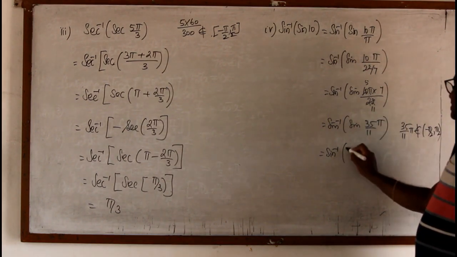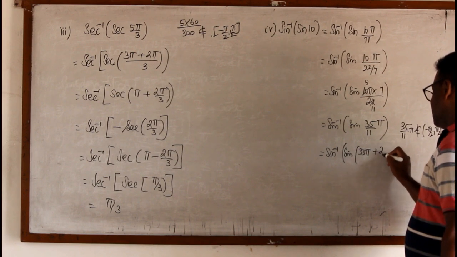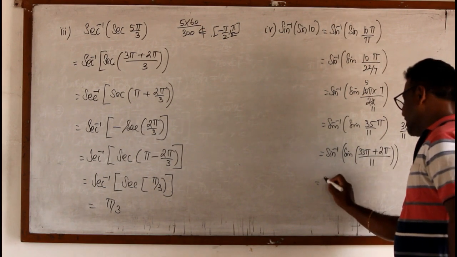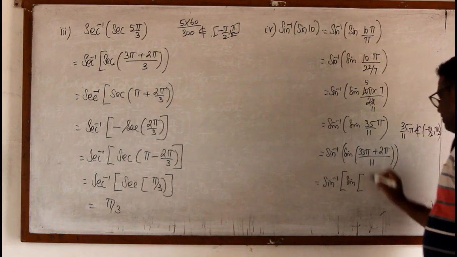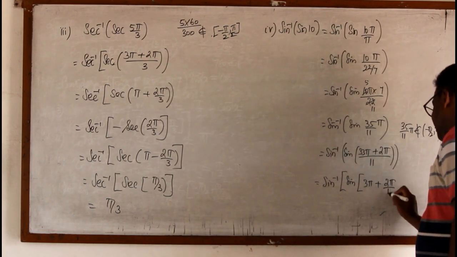Shall we express it in terms of multiples of 11? That is 33 pi plus 2 pi divided by 11. Now listen carefully. It is sine inverse of sine of 3 pi plus 2 pi by 11.